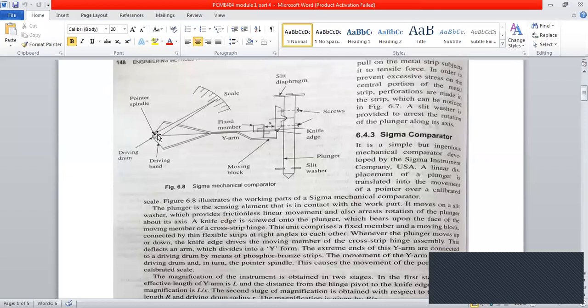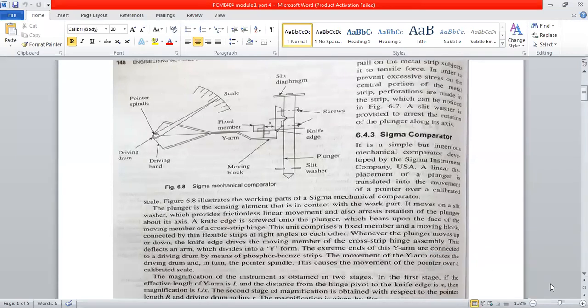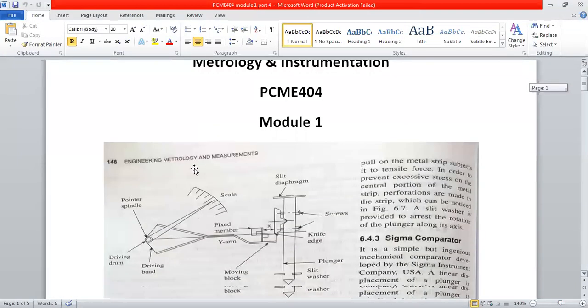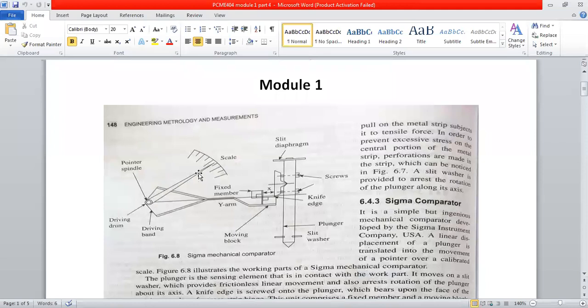Throughout the spindle, it can rotate 360 degrees. In this picture the indicator is shown here. You already know this is the indicator, one type of indicator, so it can rotate over a 360 degree scale.